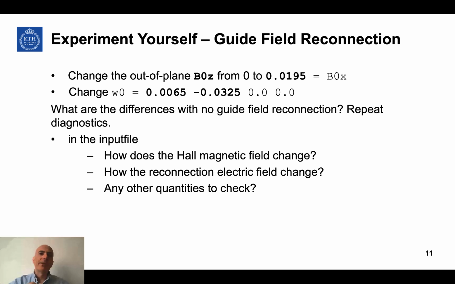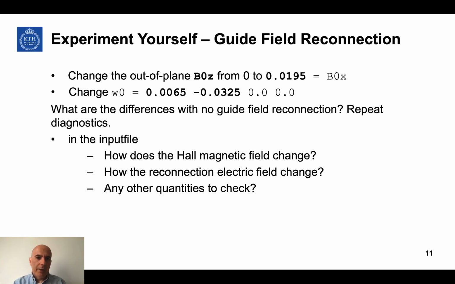So I strongly invite you to try to install it, run it, and play with it. A simple thing is to simulate magnetic reconnection with a guide field. You can repeat exactly the same diagnostics: run the simulation and then use ParaView to investigate different quantities.